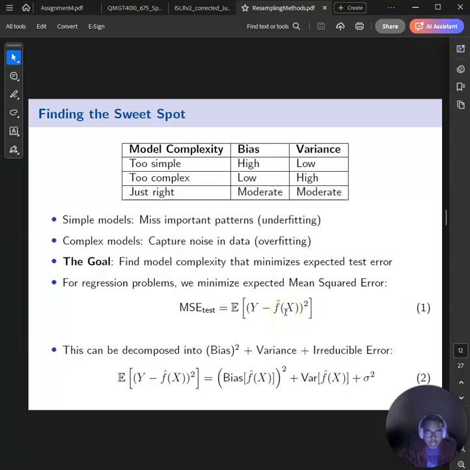And this error can be decomposed into three parts: the squared bias of our model, the variance of our model, and an irreducible error, the noise in the data that no model can predict. By understanding this decomposition, we can make informed choices about model complexity rather than trying to fit different approaches blindly.